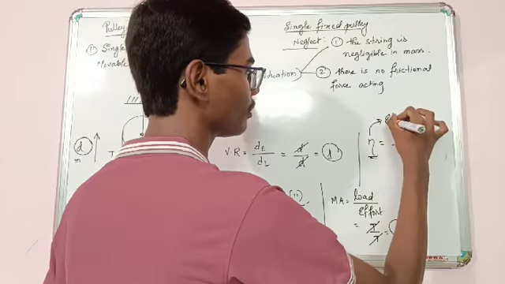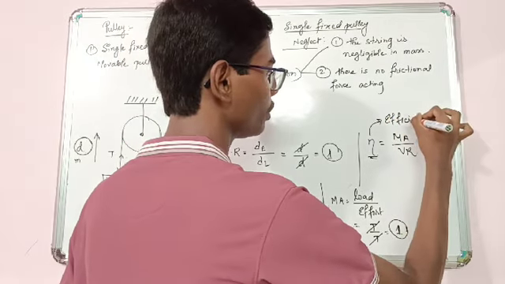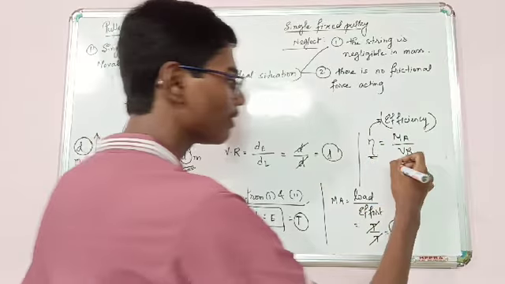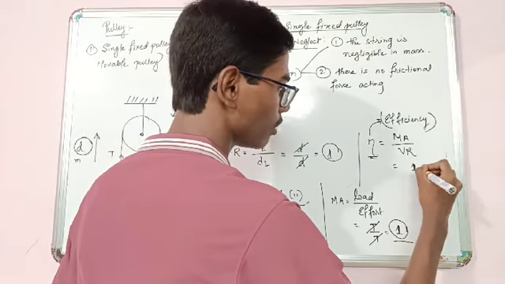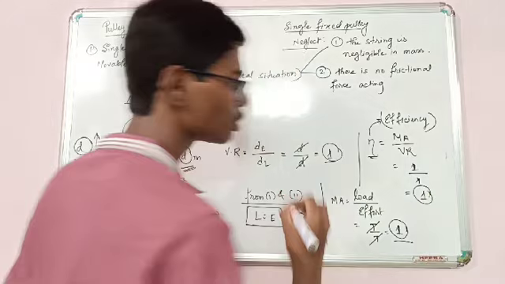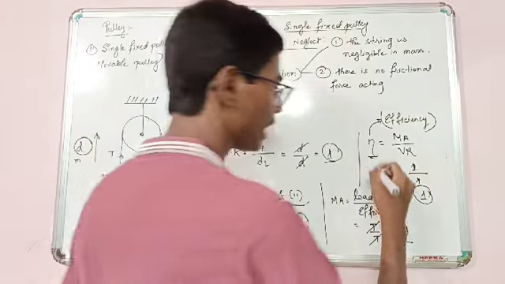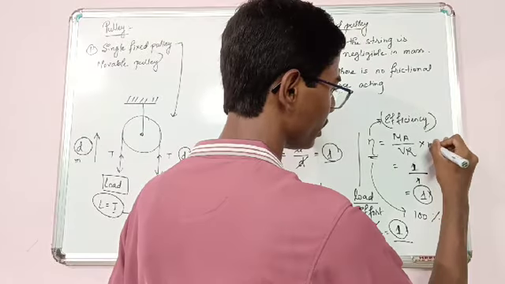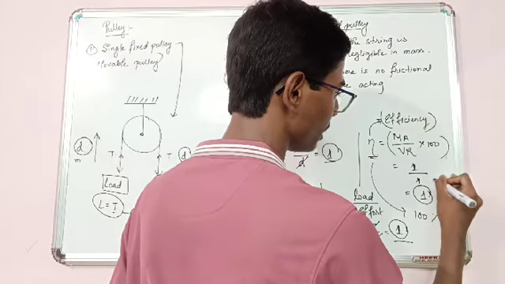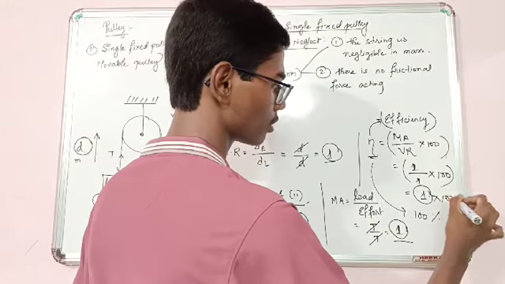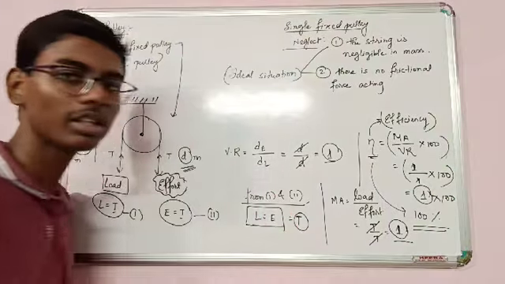Mechanical advantage is 1, velocity ratio is 1. That means together it is 1. And we can say that efficiency is 100%. If I multiply this by 100, in terms of percentage we will be able to find out. So it is 100% efficient.